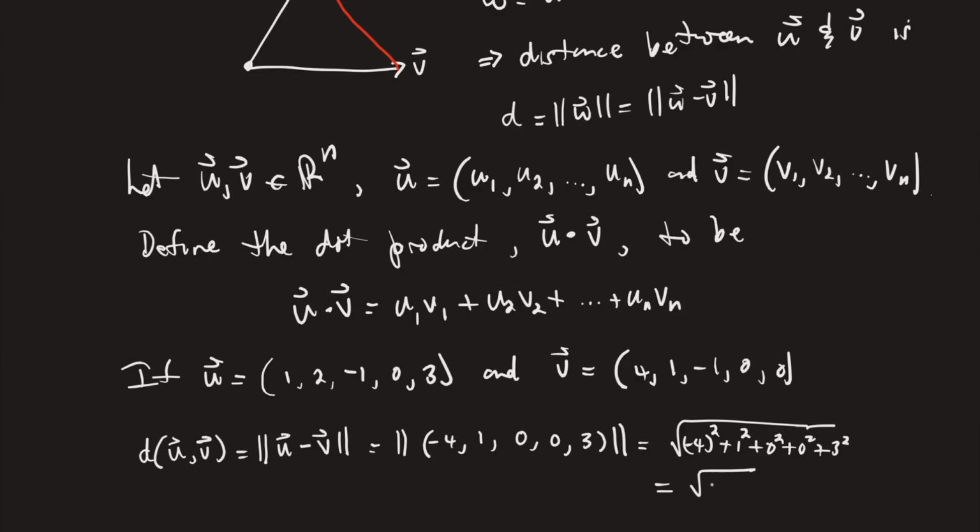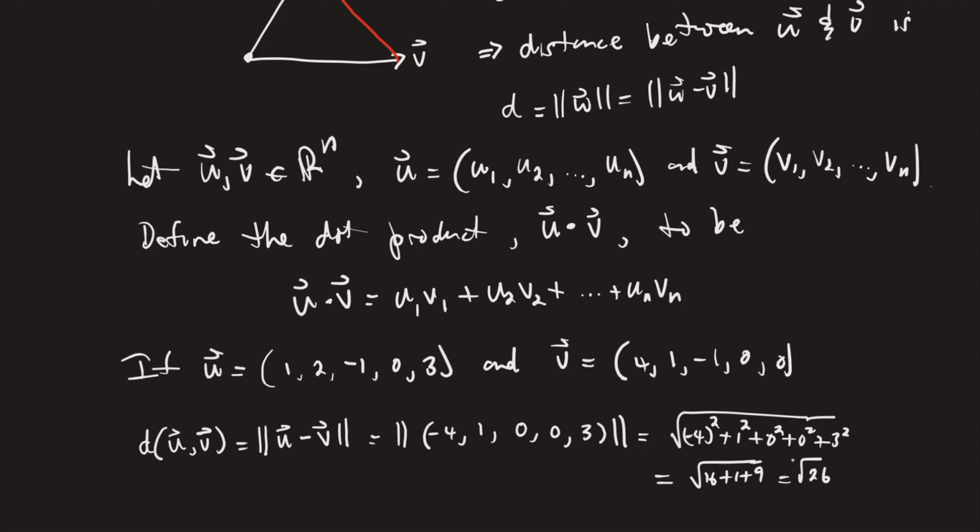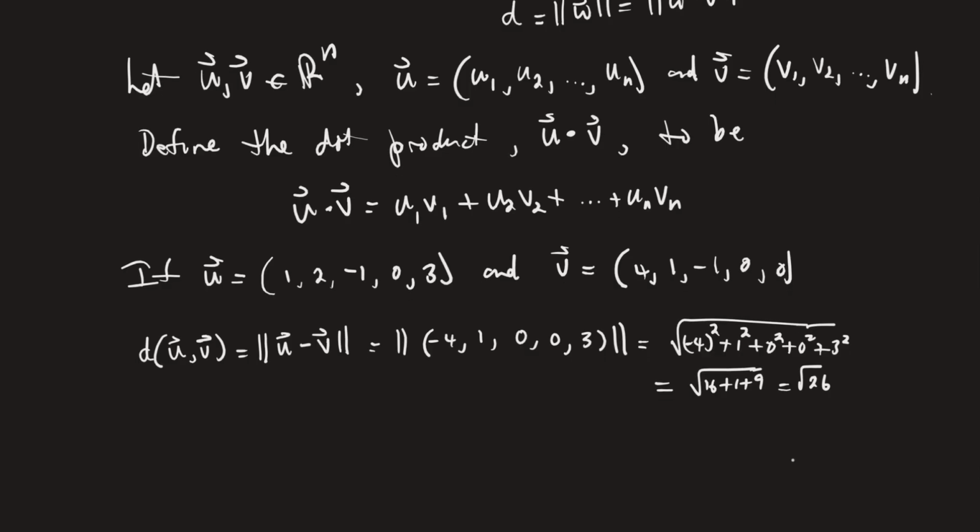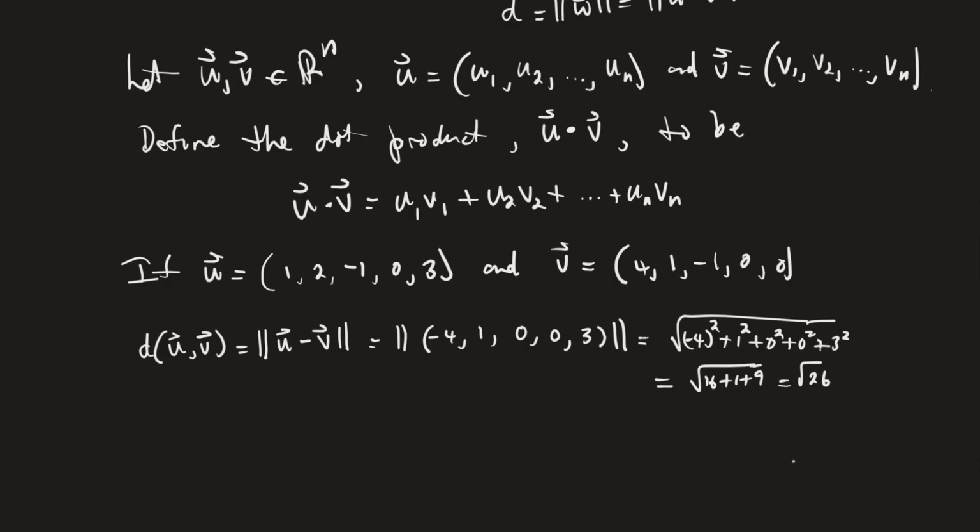And you get the square root of 16 plus 1 plus 9, so that's root 26. So the terminal points, if these vectors have the same initial point, so if they're concurrent, then their terminal points are root 26 units apart, again by this Euclidean measure.